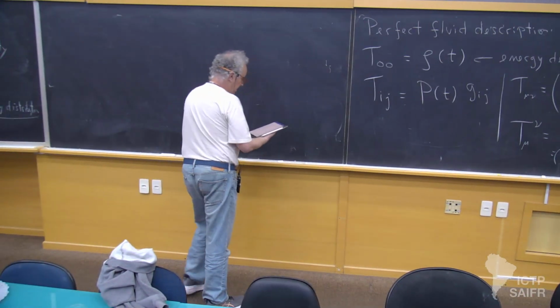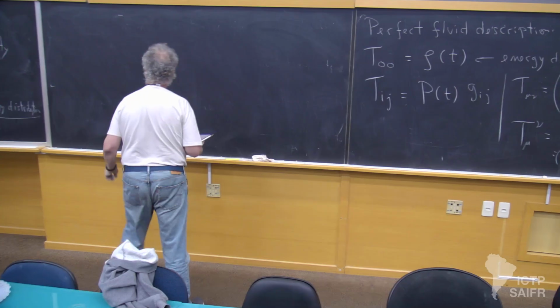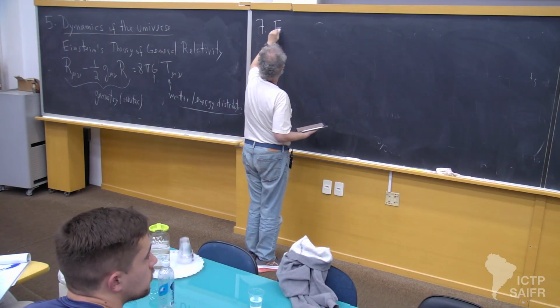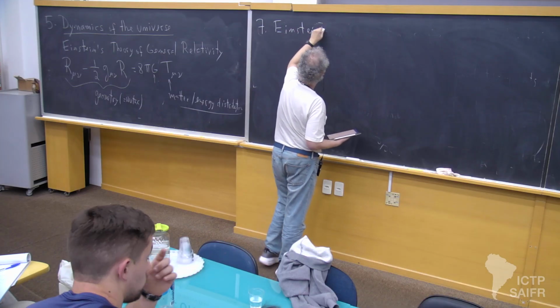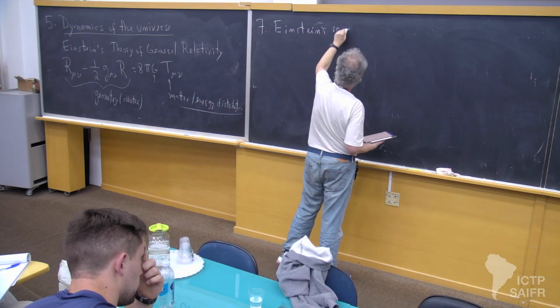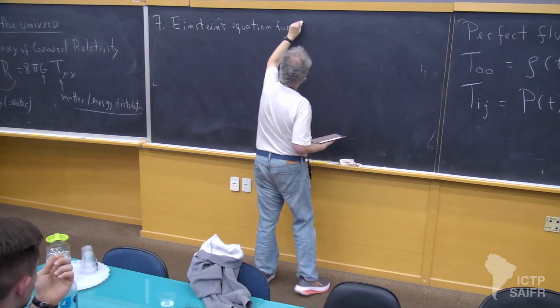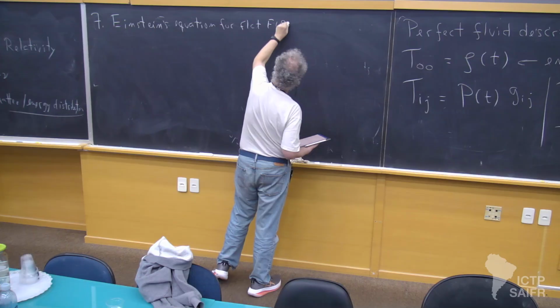Okay, now we can actually compute Einstein's equation. So this is 7. Einstein's equation for flat FLRW.